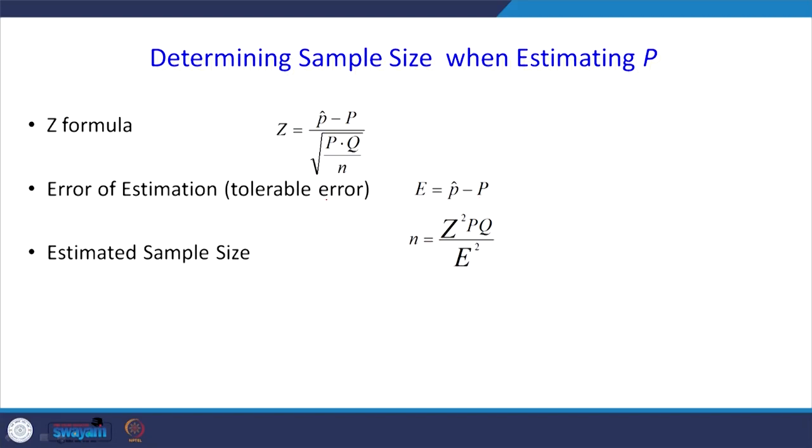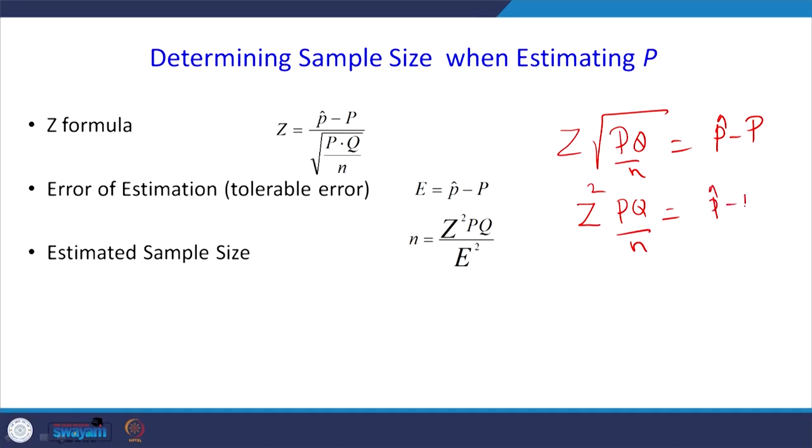In the same way as we have done previously, when you bring this, z root of p q divided by n equals p hat minus p. You square both sides, z square p q by n equals p hat minus p whole square.